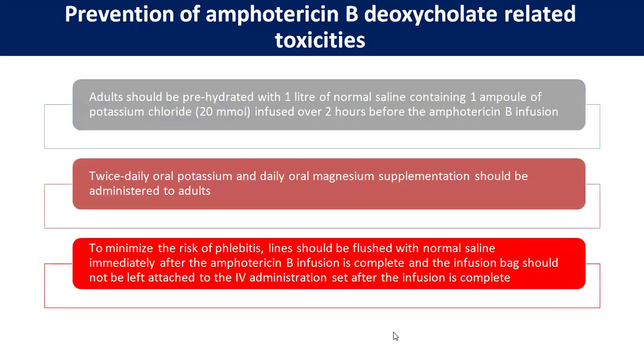Adults should be pre-hydrated with 1 liter of normal saline containing 1 ampule of potassium chloride, infused over 2 hours before the amphotericin B administration. Twice daily oral potassium and daily oral magnesium supplementation should be administered to adults. To minimize the risk of phlebitis, the line should be flushed with normal saline immediately after the amphotericin B infusion is complete, and the infusion bag should not be left attached even after the infusion is over.